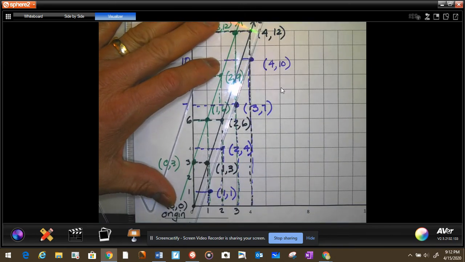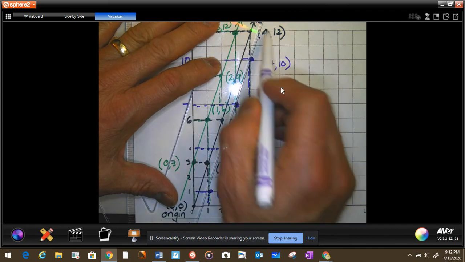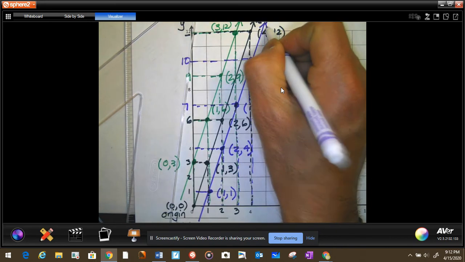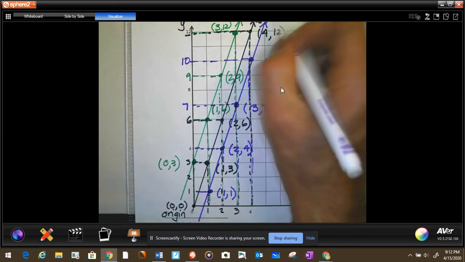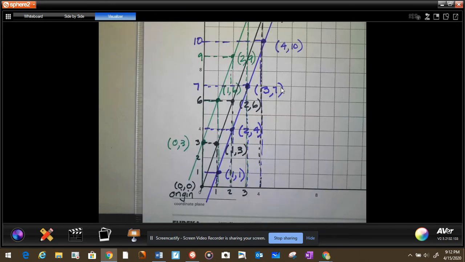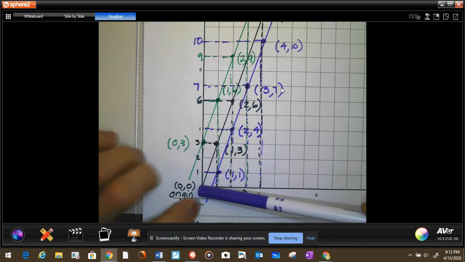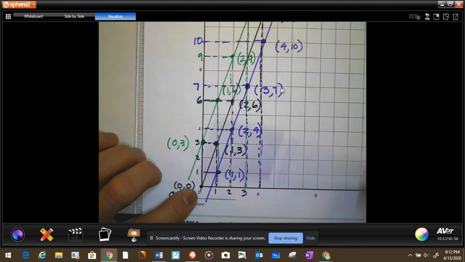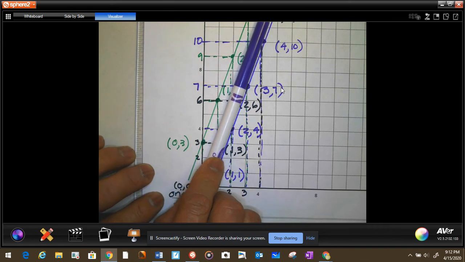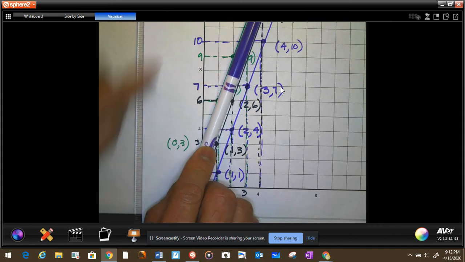And let's see what we can learn from this line compared to the other two. So this is line N. If we analyze these three lines, we can say that when y increases, the line begins moving upwards on the y-axis.